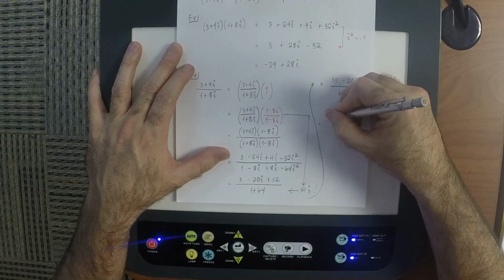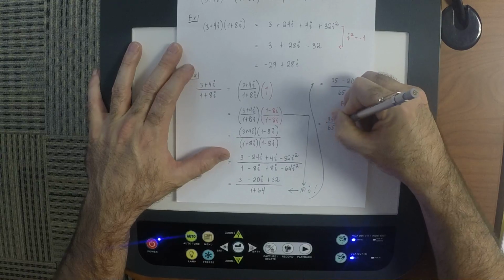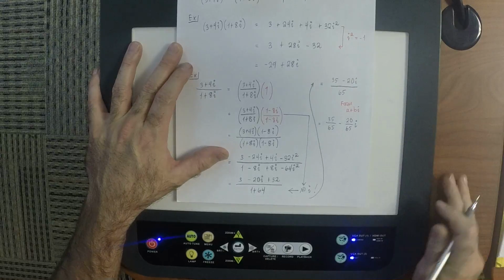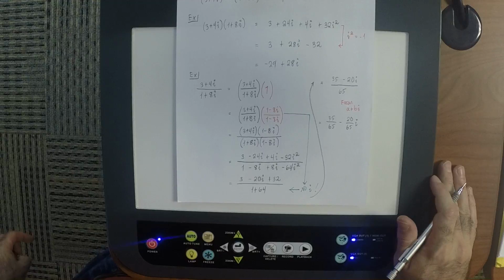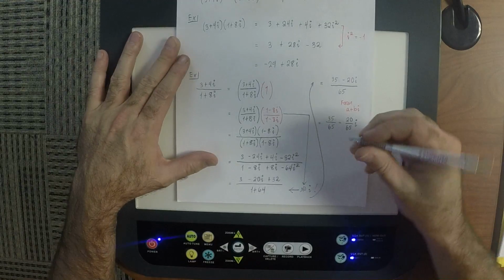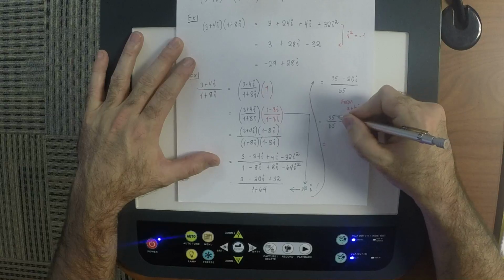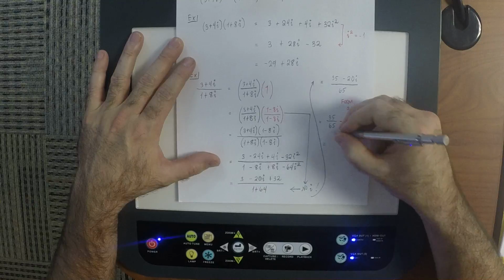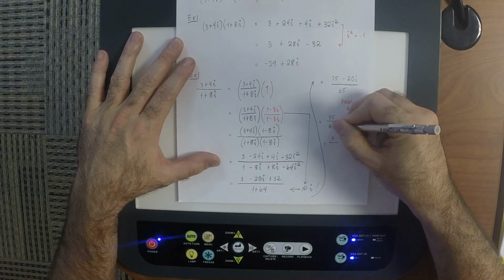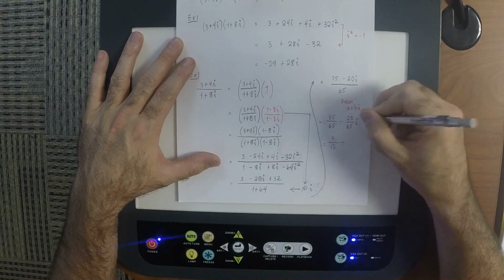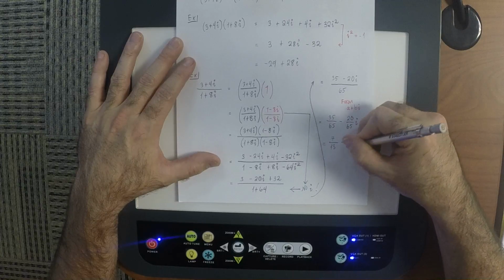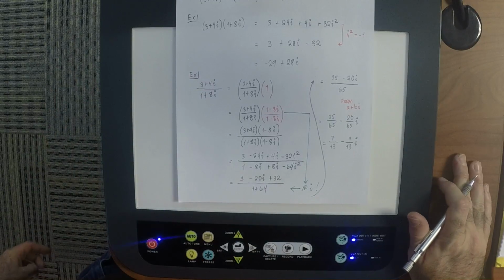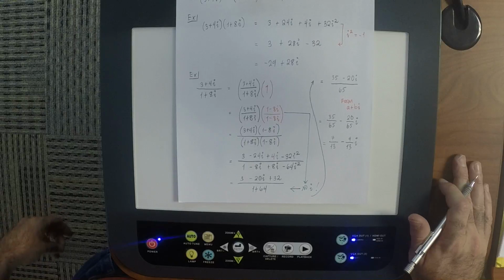So 35 over 65 minus 20 over 65 i. And then we can simplify this to something like what? They're both divisible by 5. So this would be 7 over 13, and then minus 4 over 13 i. Okay, any question about this one?